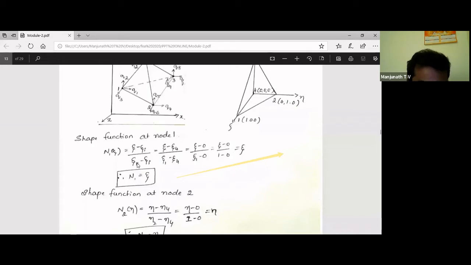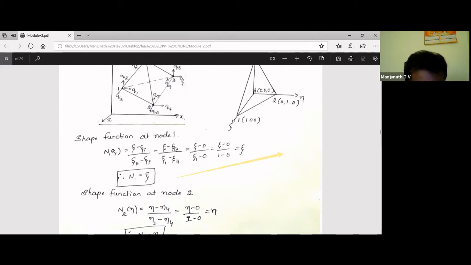At node number 1 we need to calculate the shape function, so k is equal to 1, so it is zeta 1. In this particular element the remaining node is 4, so the I value is equal to 4, so consider it is zeta 4.